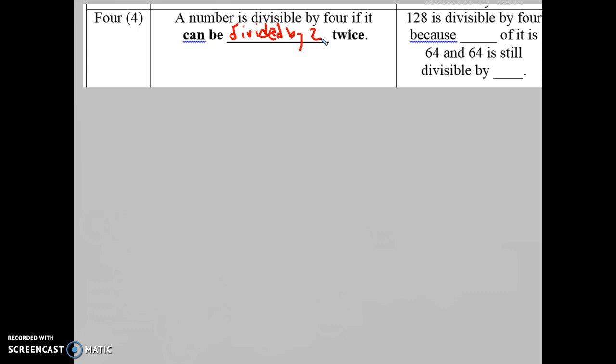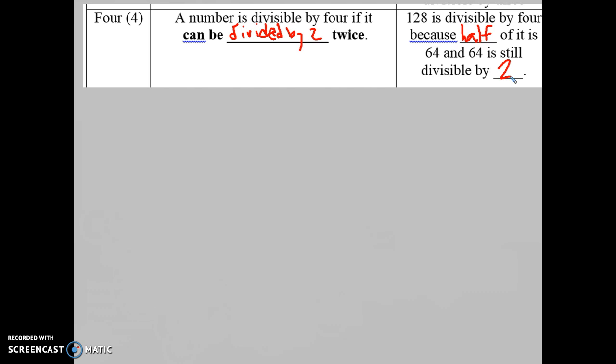And then I can cut it in half again and I get 32. So as long as I'm not left with a decimal when I divide it by 2 two times, then it is divisible by 4. So in our blanks here it says 128 is divisible by 4 because half of it is 64 and 64 is still divisible by 2.